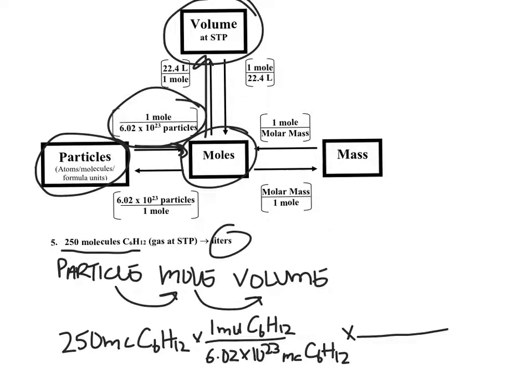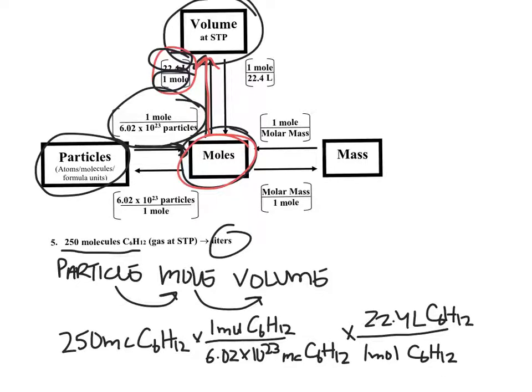Now that we are in mole island, we now need to get to volume island. And to do that, we're just going to use our conversion factor of 22.4 on top, and 1 mole on the bottom. I'm going to carry over my compound, C6H12, and I'm going to double check that my units cancel.